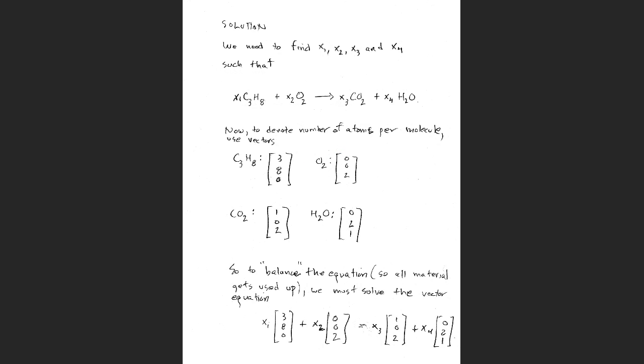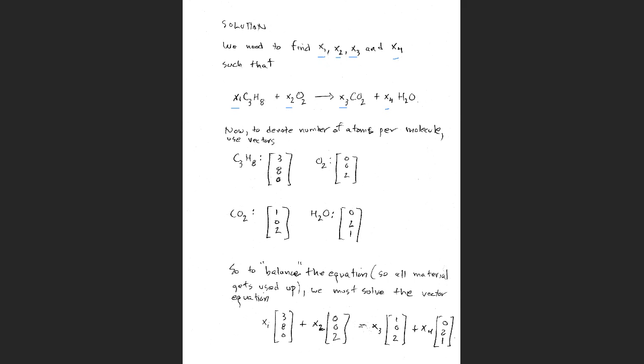To balance the equation, we need to find x1, x2, x3, x4 such that x1 times propane, some number of propane molecules, plus x2, some number of oxygen molecules, will produce a certain amount of carbon dioxide and a certain amount of H2O. We're trying to find those coefficients that will balance this chemical equation.